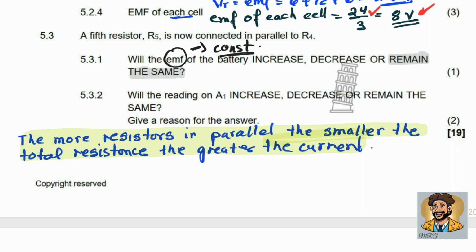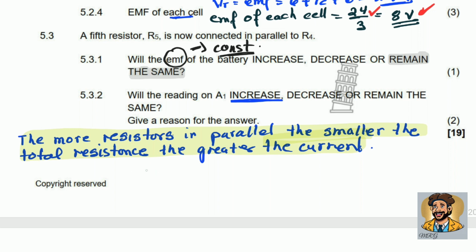The more resistors you add in parallel, the smaller the total resistance, the greater the current. So what is going to happen? It's going to increase. Why? Because we are adding more resistors in parallel, therefore the total resistance decreases.